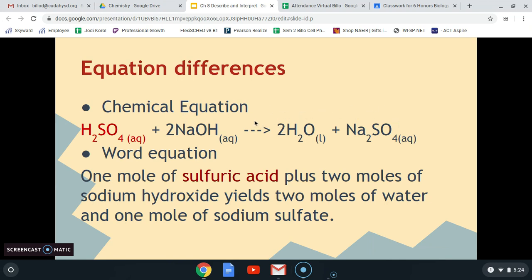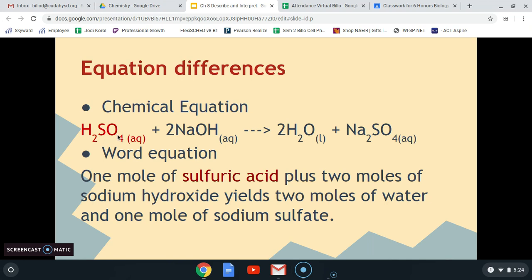Now, this is a chemical equation, meaning it's written as symbols and subscripts. But that's not how you're going to read it back to me. I read this as 1 mole of sulfuric acid reacts with 2 moles of sodium hydroxide to produce 2 moles of water and 1 mole of sodium sulfate.